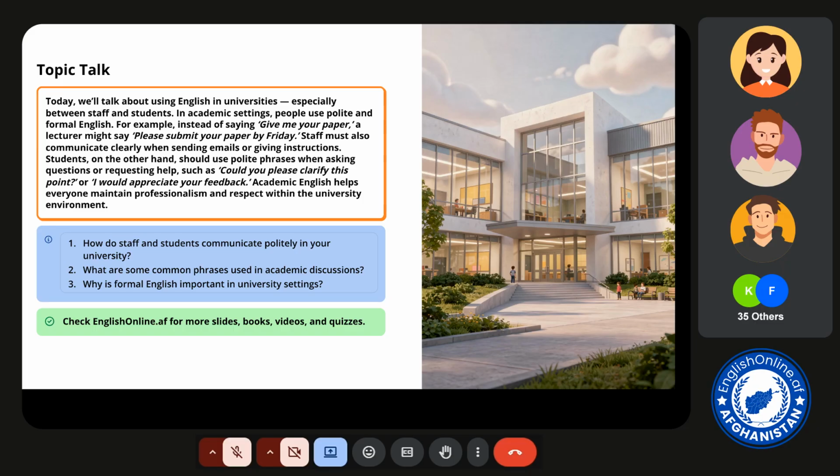I listened to each listening three to five times, and then I noted the new words and practiced these words, and again I went to the quiz.